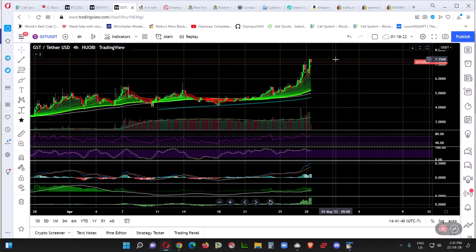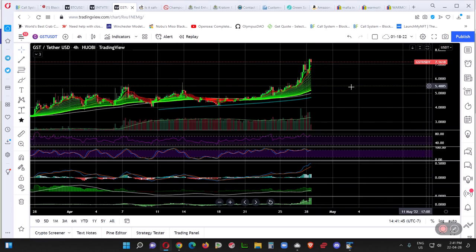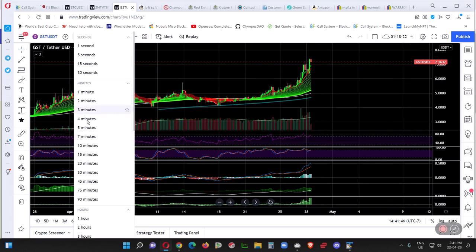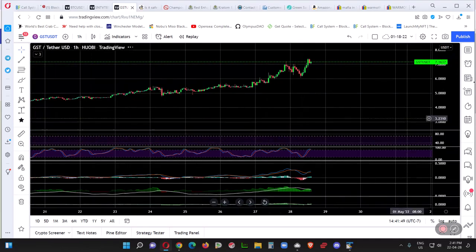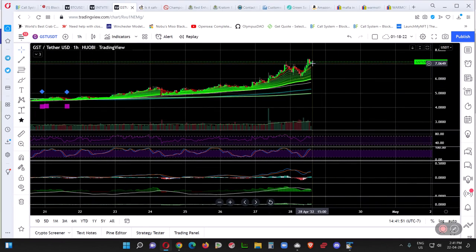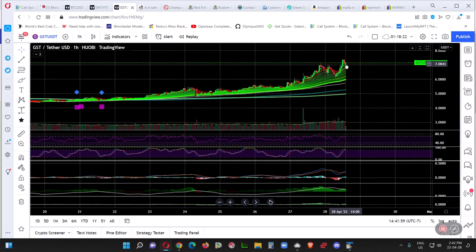This thing hit $7.30 some cents a couple of hours ago, and to me it looks really crazy good. So I would look for a little bit more of a drop and then just to continue on upward and onwards. So look for a good entry point.